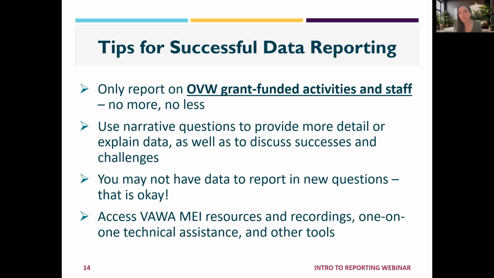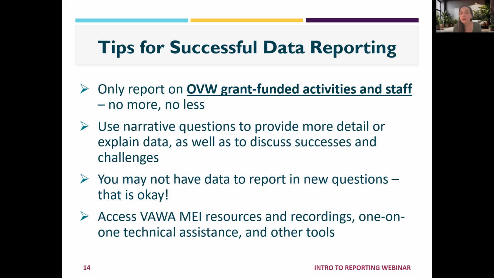Some tips for successful data reporting are that you really only need, or you only should and can report on OVW grant-funded activities and staff. No more or no less. So do not report on agency-wide totals of anything.